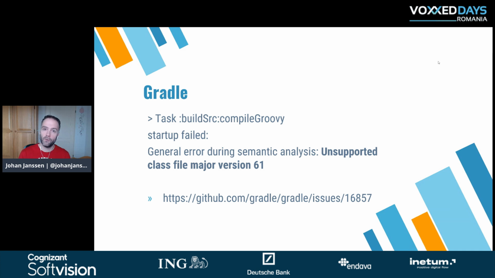So I think the version of Gradle which supports Java 17 still has to be released. There are some ways to get it up and running, but it's a bit more hassle than with Maven. So if you want to stay on the latest version of Java and want to try out early access releases, then Gradle probably isn't the best build tool for that. But in the end, if you wait, it will work as well.